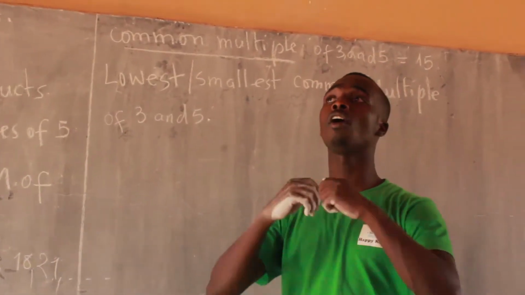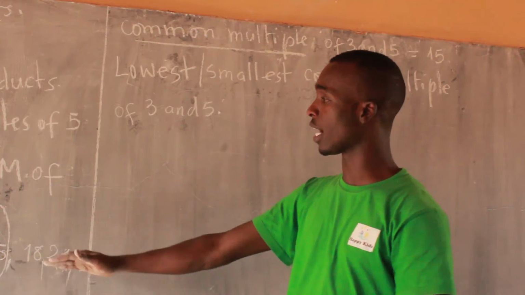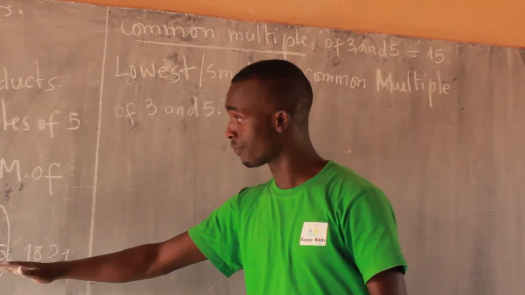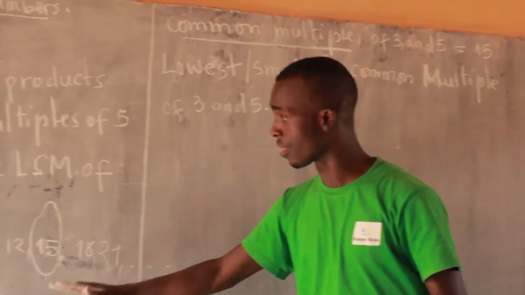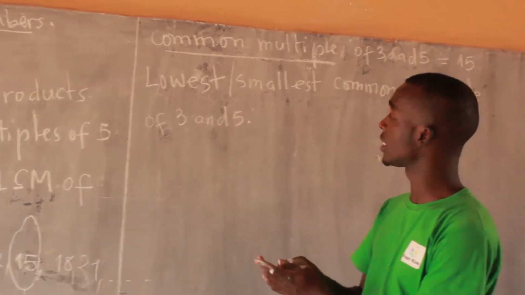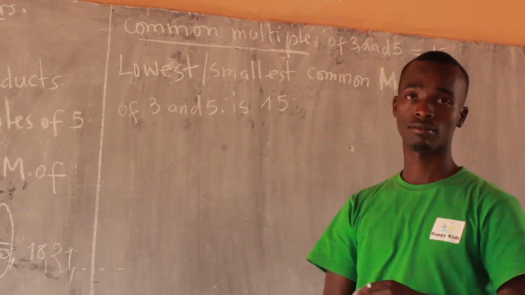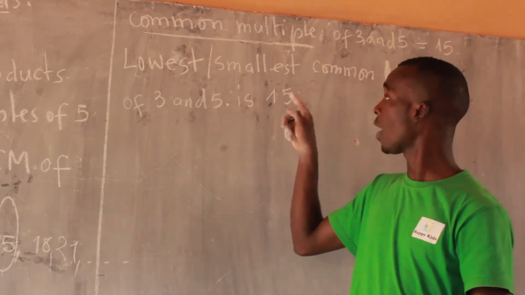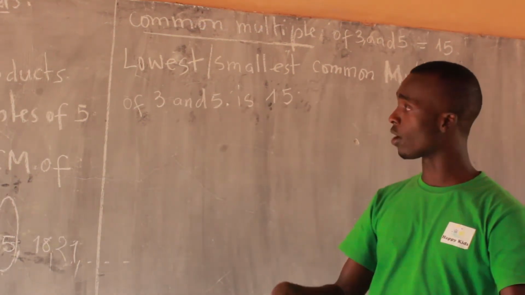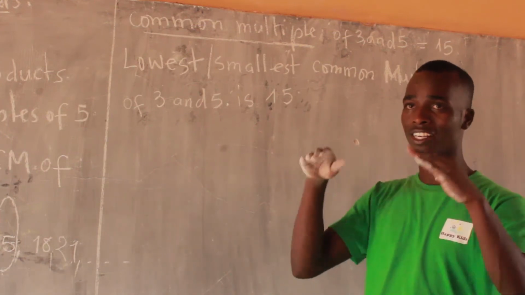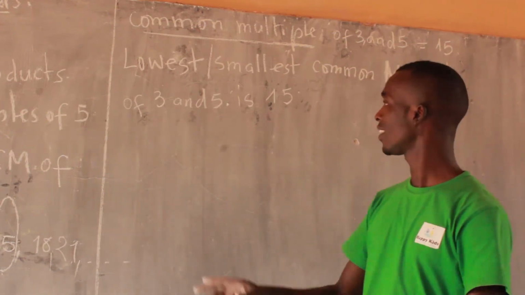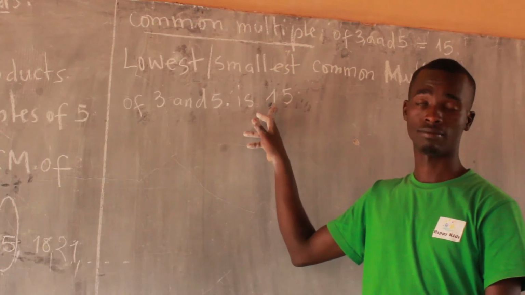It means that in all multiples which are common between 5 and 3, the one which is the smallest is 15. There is 15. The one which is smaller and smaller, to mean that it is the smallest one, is 15.